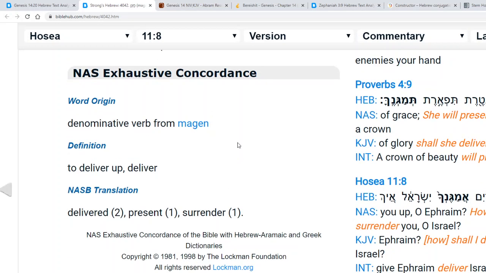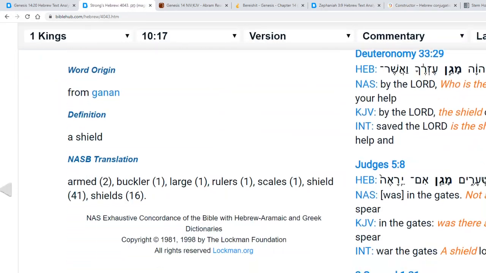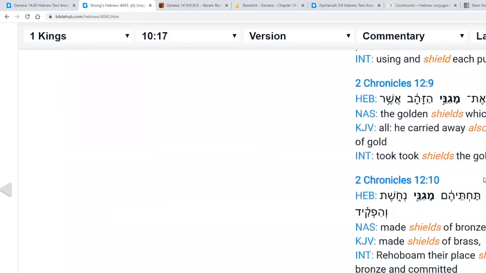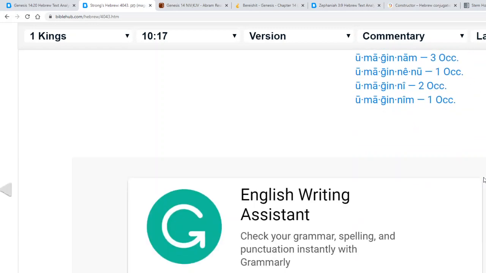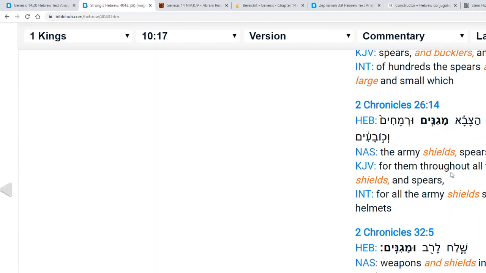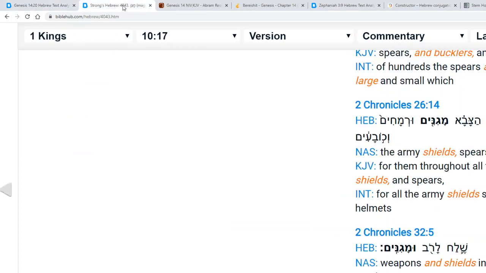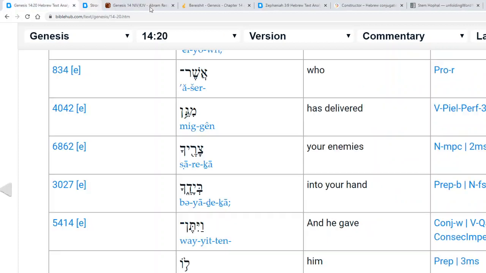To surrender. So that, okay, I can understand that. Although Magen, which is used a lot more times, right? So this is the piel form of Magen. It's the more intensive form of shielding, and kind of seems to be to give up is the more intensive form, I guess. Okay.